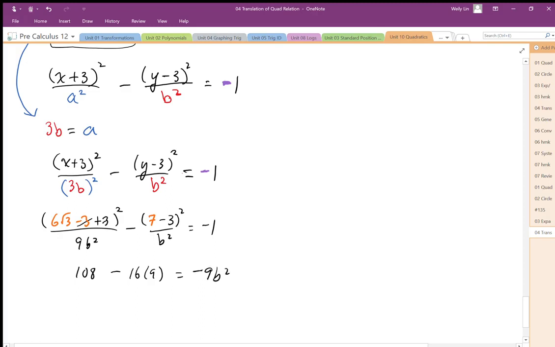So I've multiplied everything through by 9b squared. Okay, so then 108 minus 16 times 9 is 144 is equal to negative 9b squared.